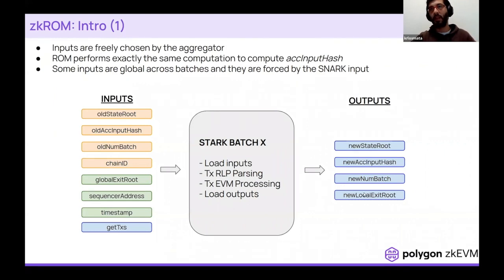Very briefly, the local exit root is basically the exit tree in layer 2, and we are forwarding this layer 2 exit root to layer 1. So in case anyone wants to transfer some asset from layer 2 to layer 1, of course in layer 2 we have the bridge, and the root of this bridge is forwarded to layer 1 through this new local exit root. We will see how to do it.